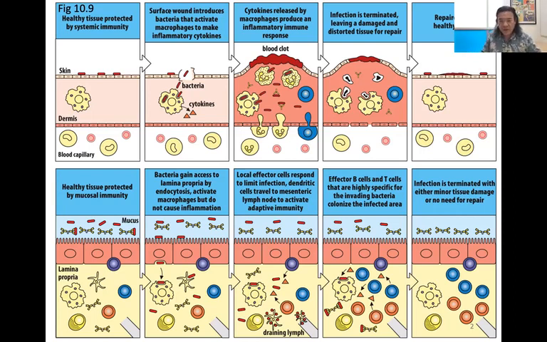But in the lower picture here, the GALT itself is like the environment of a lymph node. It just spreads out over everything. So you have a whole abundance of lymphocytes already there and ready to work.